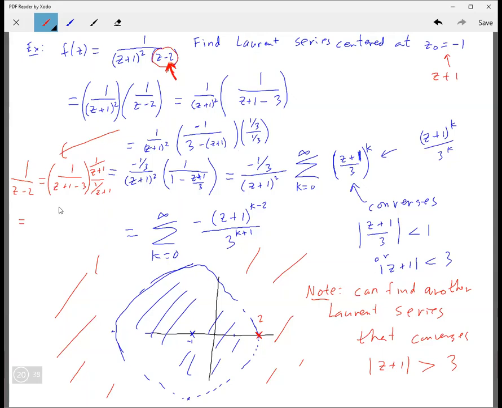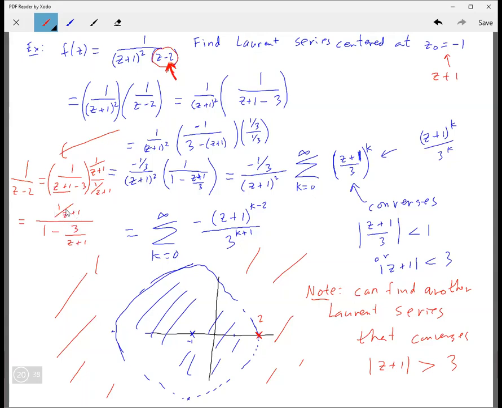So the numerator would become 1 over z plus 1, and then the denominator would be all 1, and then you have minus 3 over z plus 1.